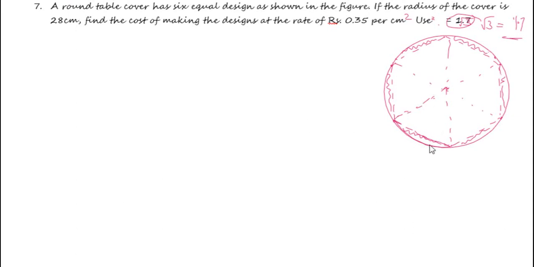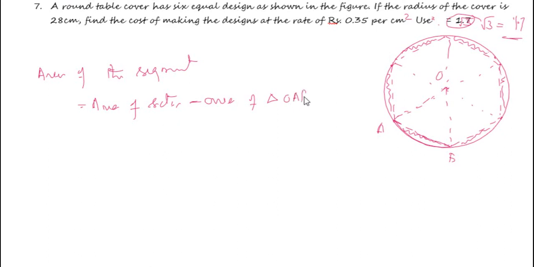So area of the segment in one sector equals area of sector OAB minus area of triangle OAB. For the area of the sector, this angle is 60 degree because there are such 6 sectors, 360 divided by 6, so it is 60 degree.